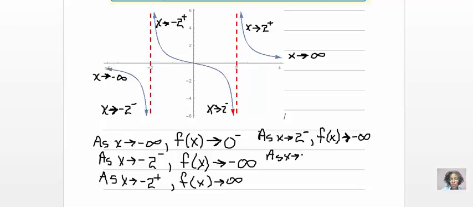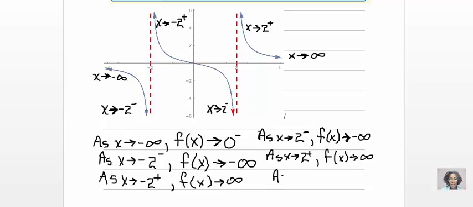As x goes to 2 from the right, f of x is increasing without bound. So as x goes to 2 from the right, my function values are getting larger and larger and larger.